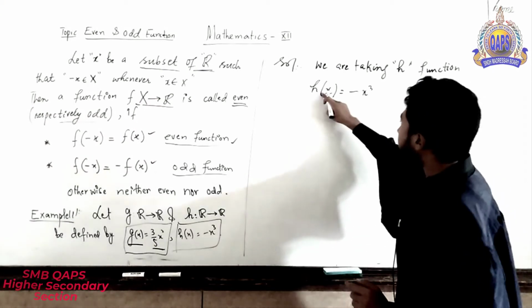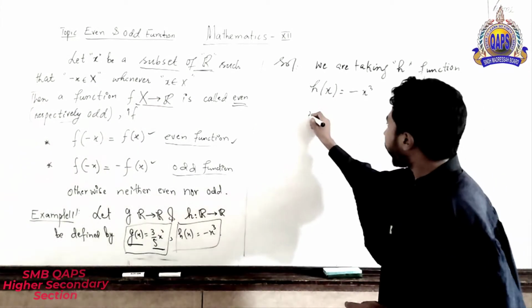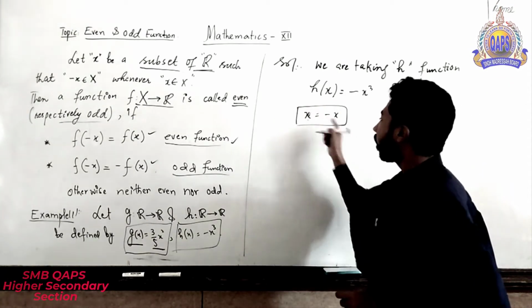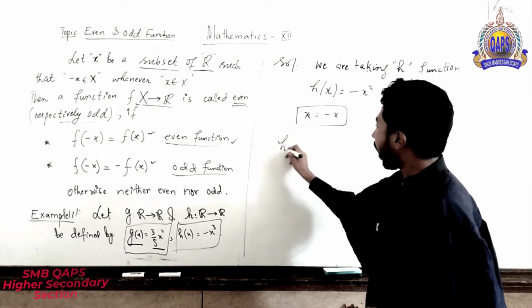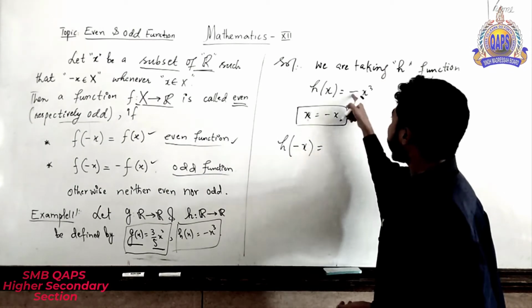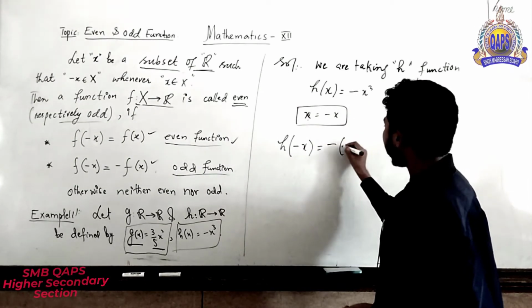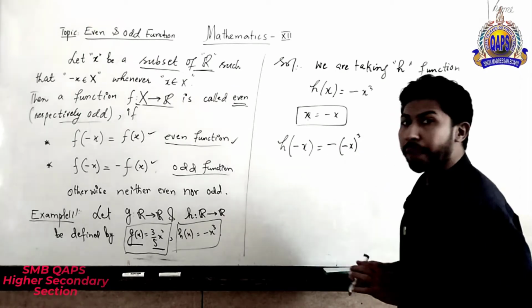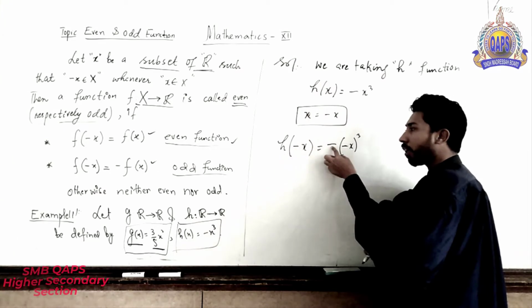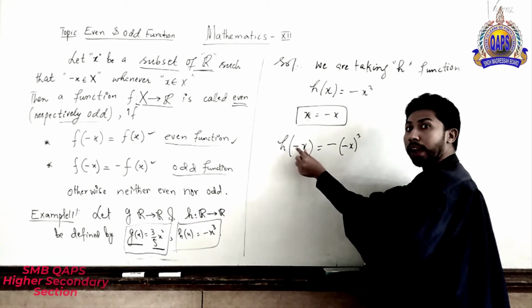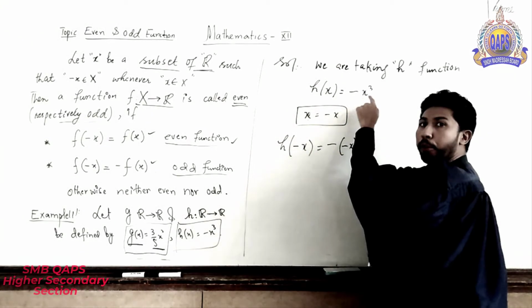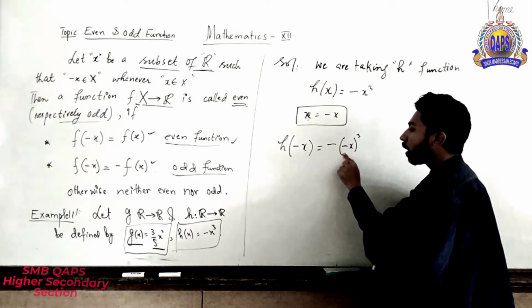In the place of x, you can put negative x. For h of x we put negative x, and this minus will be the same, because there is already a given negative sign. So in the place of x we put negative x.